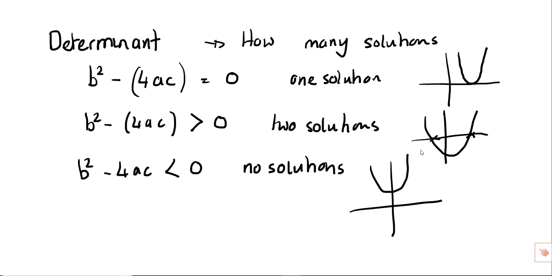Why would that be so important, the determinant that determines that situation? Well, where is the determinant in the formula? What happens to it?